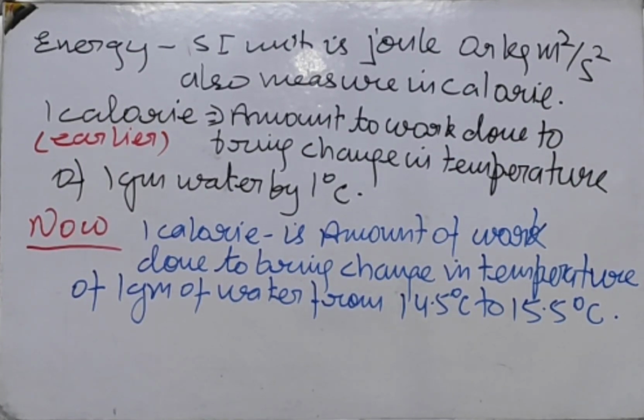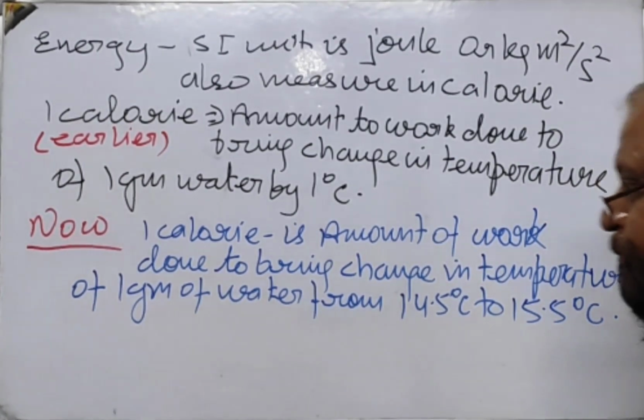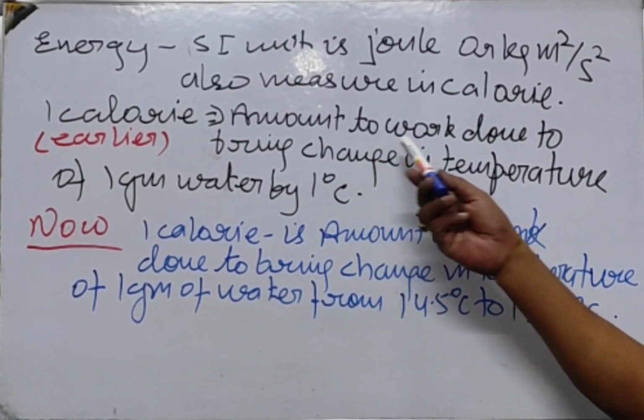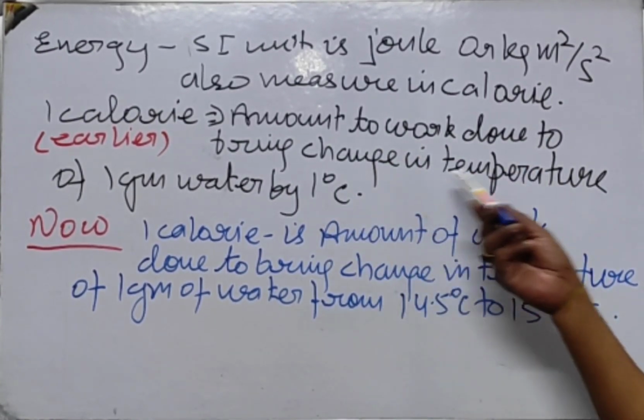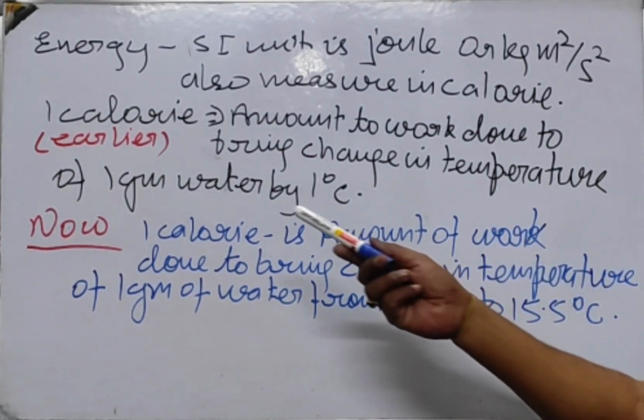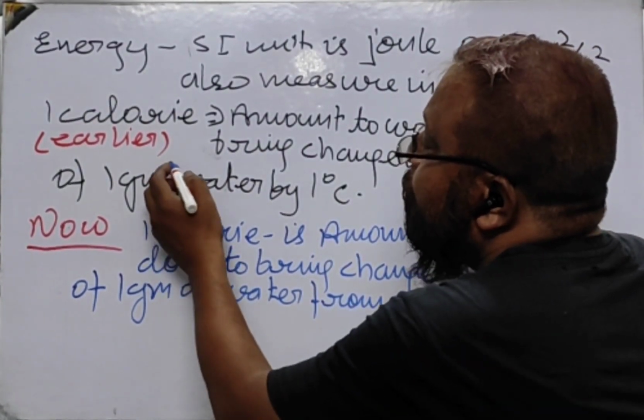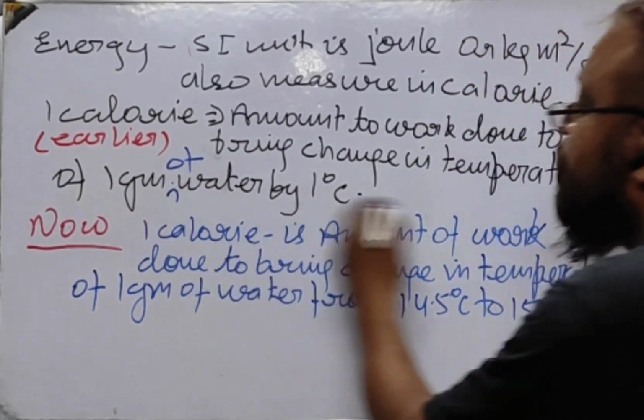I hope you understand. One calorie is the amount of work done to bring change in temperature of 1 gram of water by 1 degree Celsius.